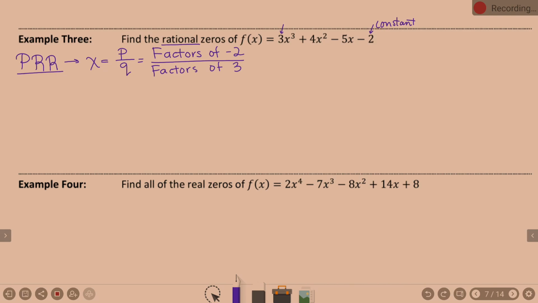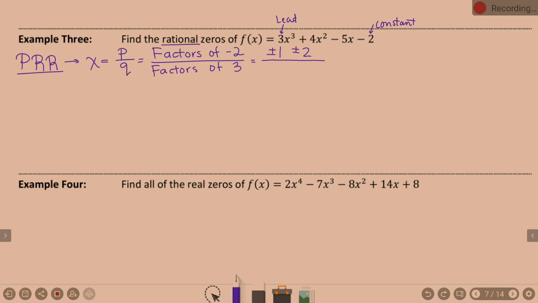Okay. Well, it says -2, but since we use plus or minus, it doesn't really matter. What's factors of -2? 1 and 2, right? 1 times 2 is the only way you can get 2. So plus or minus 1, plus or minus 2.